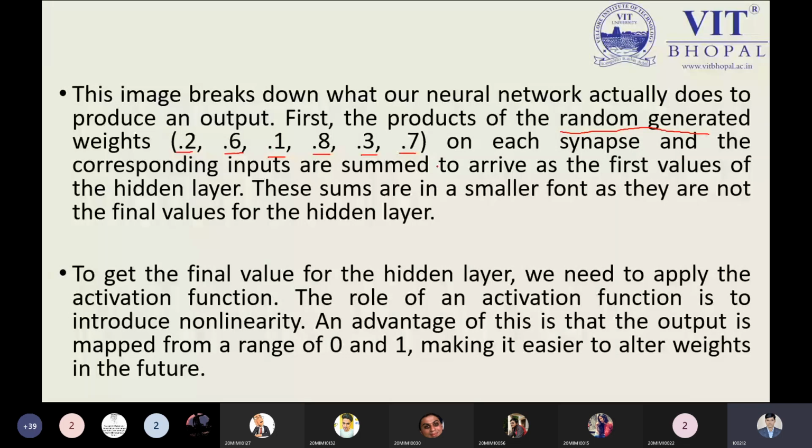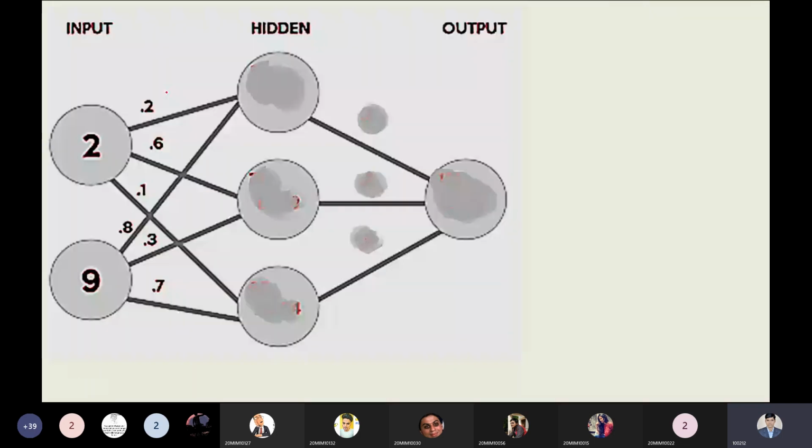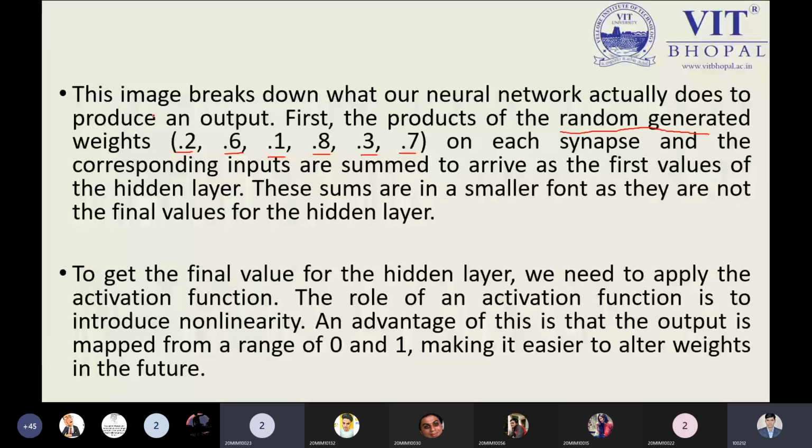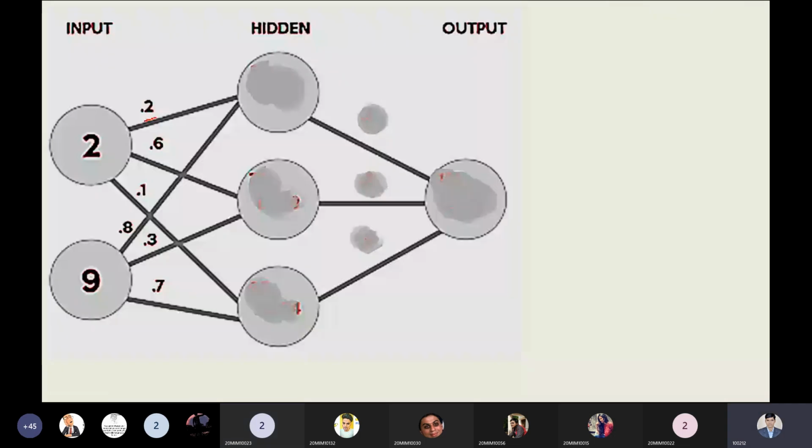These weights are given. Is it clear now? So now we have these weights: 0.2, 0.6, 0.1, 0.8, 0.3 and 0.7.